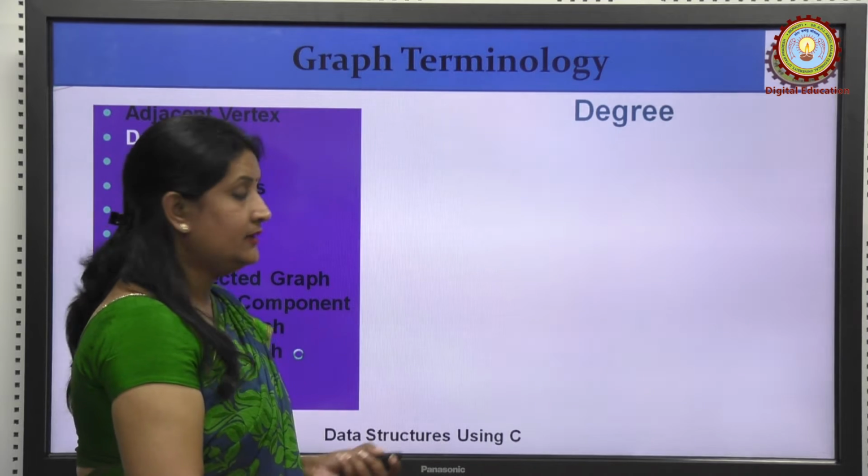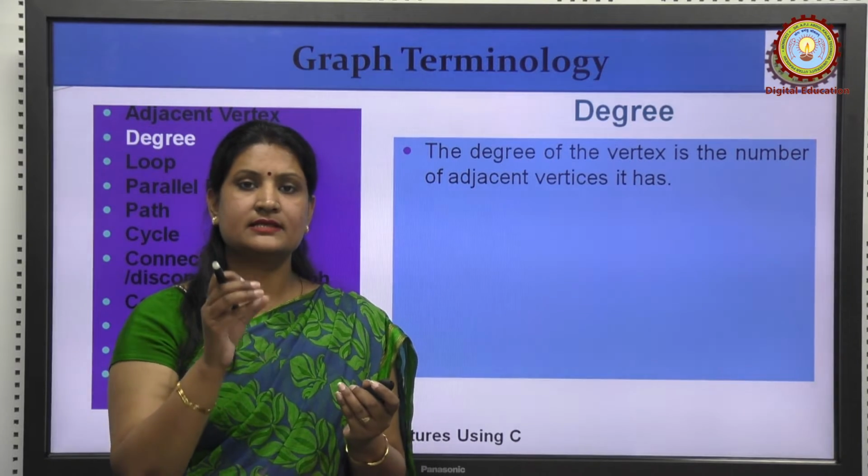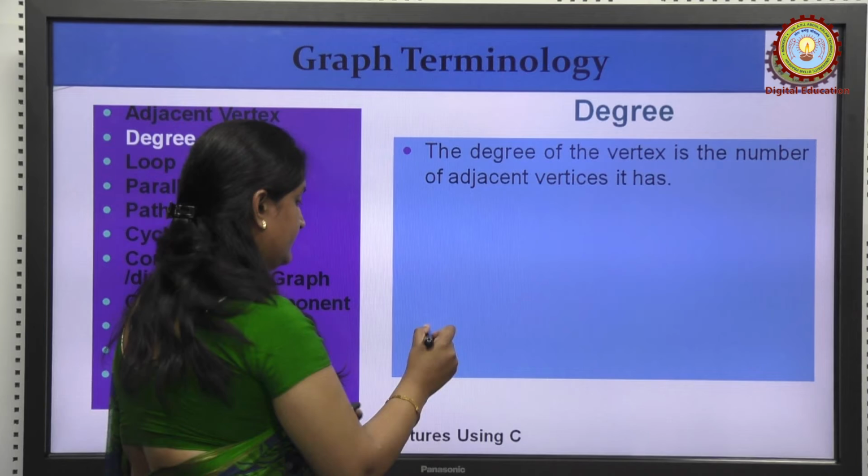Next is the degree. The degree of a vertex is the number of adjacent vertices it has. That means the number of edges incident on that vertex.